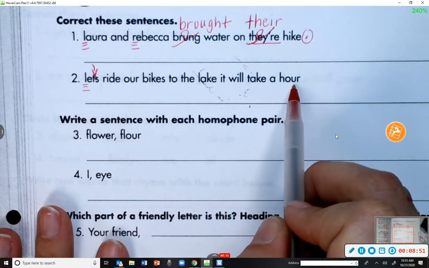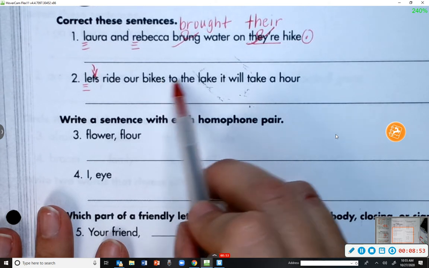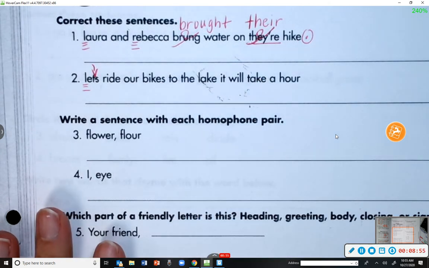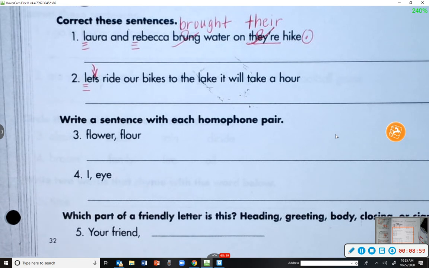What else is missing? Does this sound like 2 sentences put together? Yes. So there's 2 options. I could separate these into 2 separate sentences by putting a period, or I can put a word in between them to make it all one sentence. Let's ride our bikes to the lake, and it will take an hour.